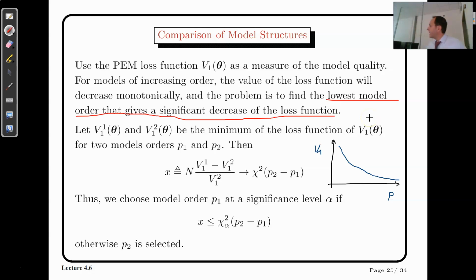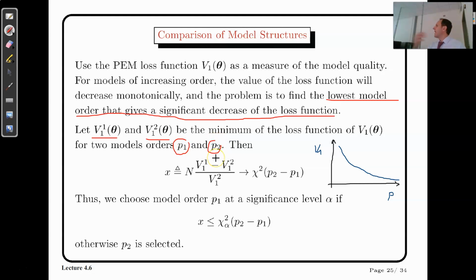So normally, in practice, you should select the order that leads you to obtain a significant reduction of the cost function. And if you want to check it in a statistical way, you, for example, consider the loss function for two model orders, P1 and P2.